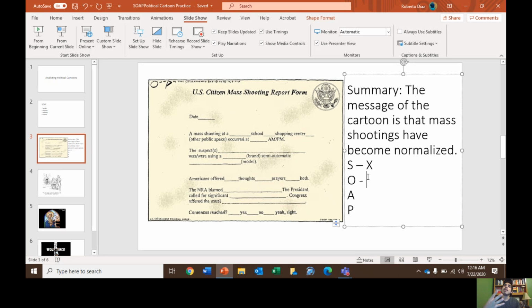It's not just about naming. SOAP is not just pulling stuff from the text and dropping it there. It's trying to activate your thinking behind it. Emma Gonzalez, but who is she? We know that she's a Parkland survivor, and she was one of the leading activists out of Parkland.